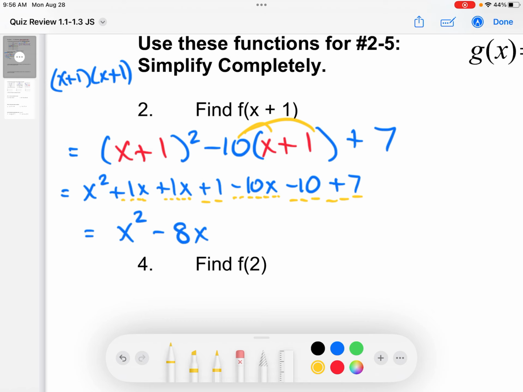So plus 1 minus 10 plus 7. And that gives us a plus 8 minus 10, which is minus 2. So there's our solution.